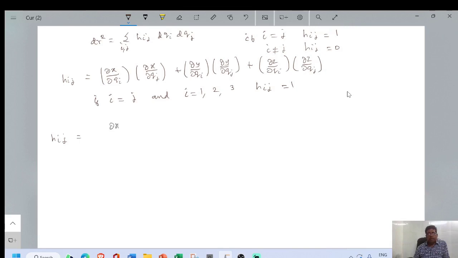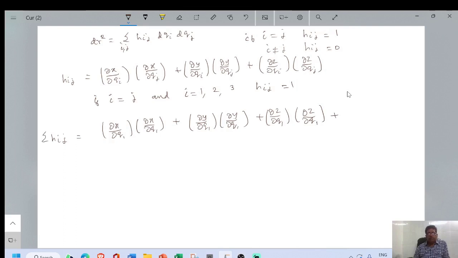We make it ∂x/∂q1 into ∂x/∂q1 plus ∂y/∂q1 into ∂y/∂q1 plus ∂z/∂q1 into ∂z/∂q1. Next condition, i equal to j equal to 2.